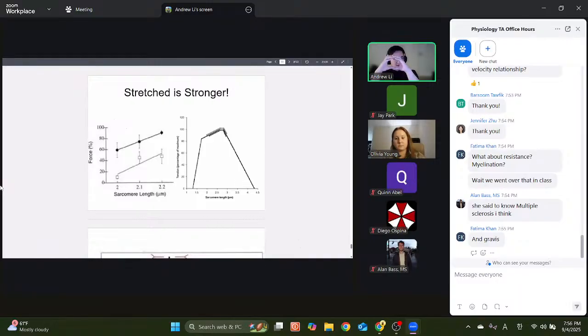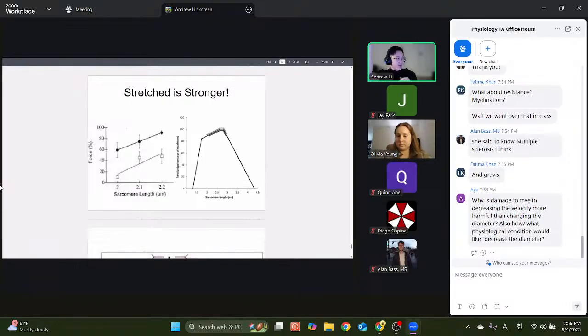Another thing with propagation is that along the axon where there's myelin, there are no channels, like the sodium channels that allow action potential to happen. So when depolarization happens along a myelinated axon, it only happens on the gaps between each area of myelin. That's called the node of Ranvier. That's where all the channels are.